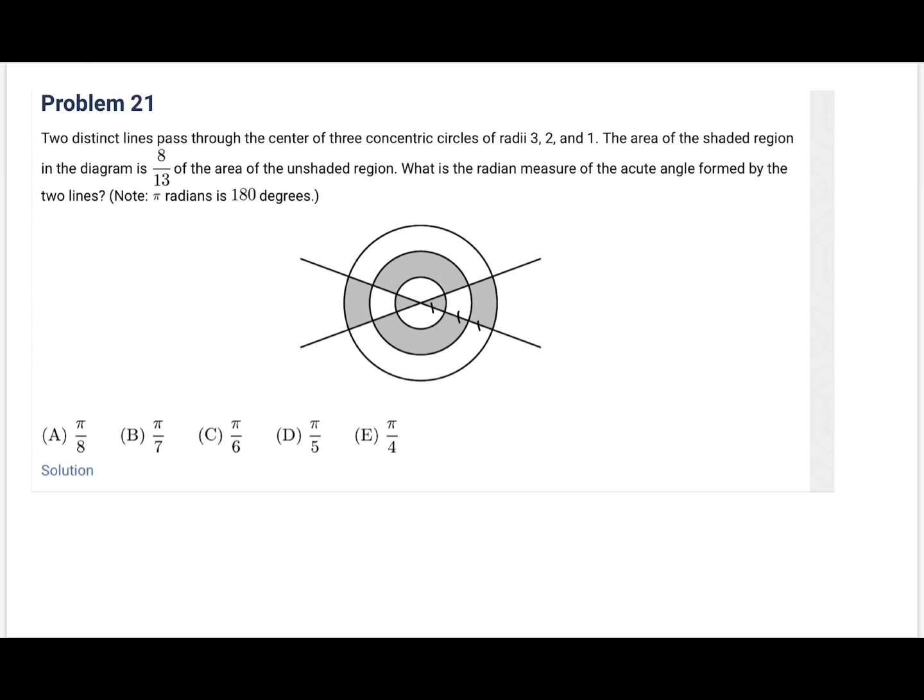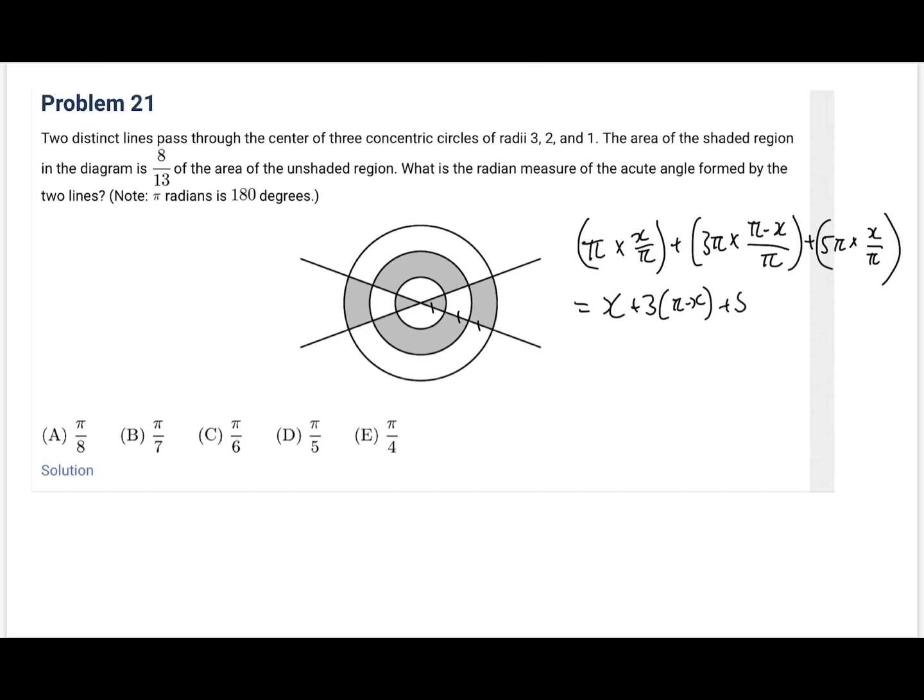So in the innermost circle, it will be pi multiplied by x over pi, and then this plus 3 pi multiplied by pi minus x over pi, plus this will be 5 pi multiplied by x over pi, and so this would be x plus 3 multiplied by pi minus x plus 5x.